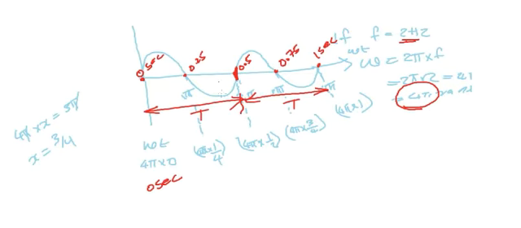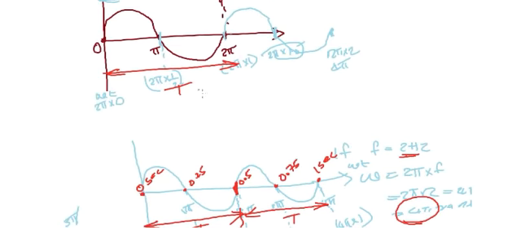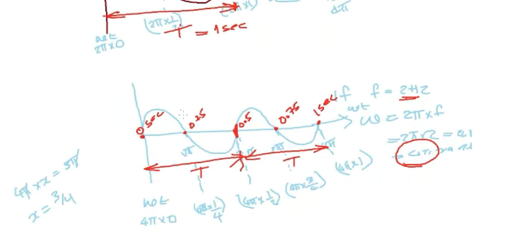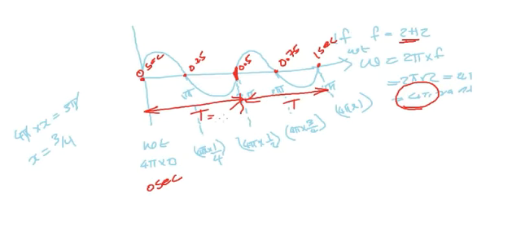The time required to complete one cycle is the time period. Here, time period T is equal to what? 0 second to 1 second, so it is 1 second. And here time period T is equal to 0 to 0.5, 0.5 second.